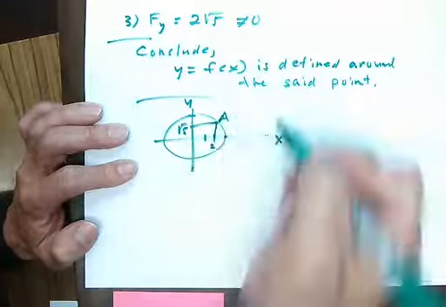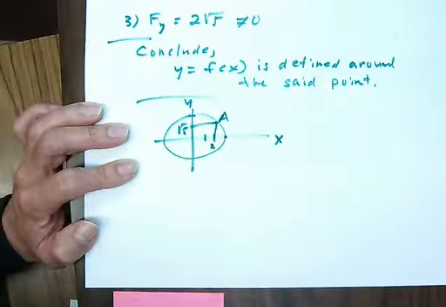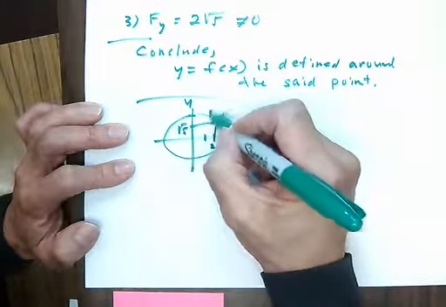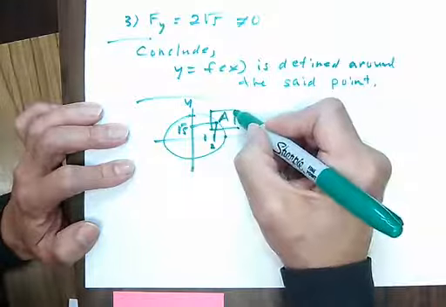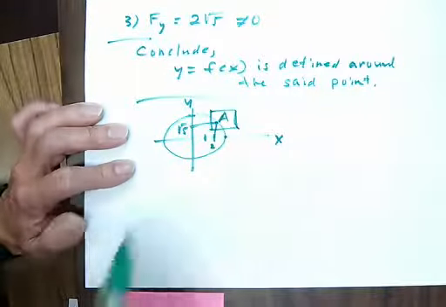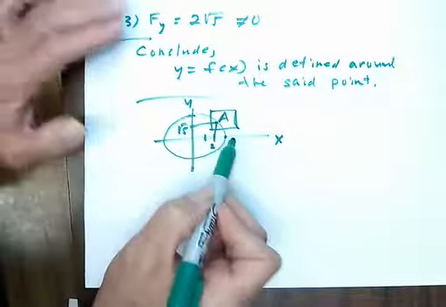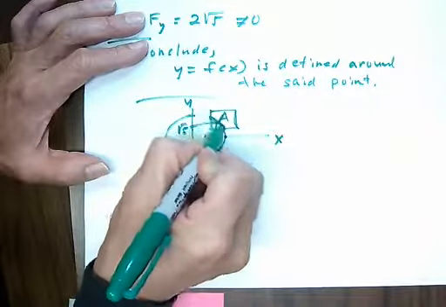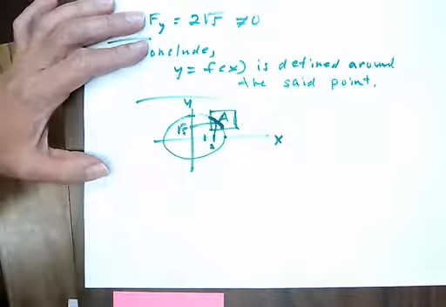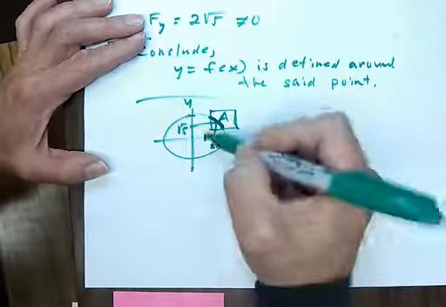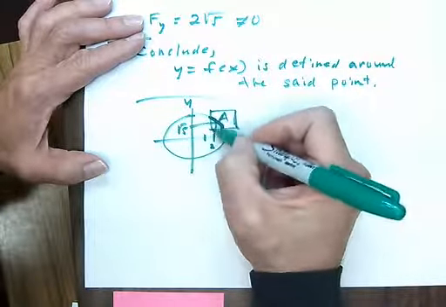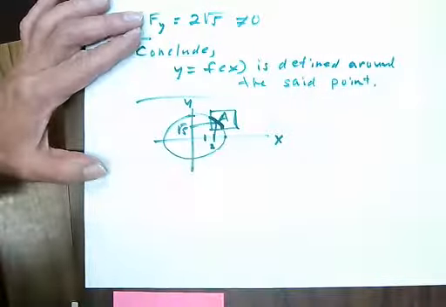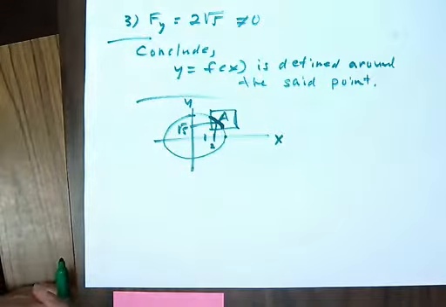Call that point A. If we were to look at a neighborhood about point A, say some type of rectangular neighborhood, then for that portion of the circle contained in that rectangular neighborhood, y is a function of x. For any given x, there is a unique value of y, if we only consider this thick portion of the circle within the neighborhood about point A.